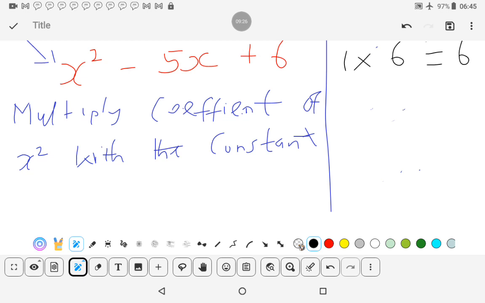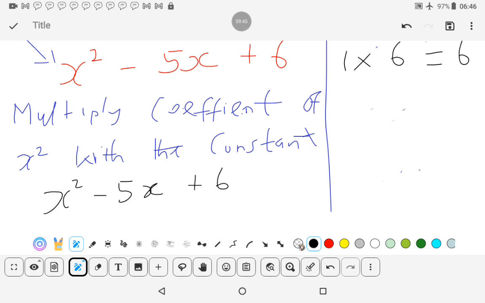So the next thing we are to do is to find two numbers. Let's write the expression x squared minus 5x plus 6. When we multiply the constant term with the coefficient of x squared, we got 6.